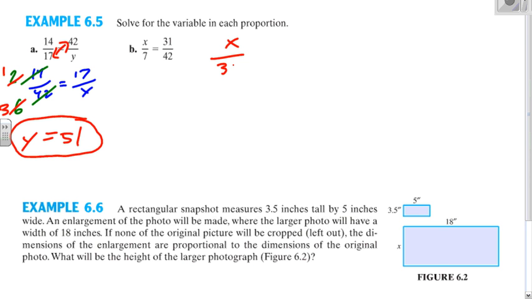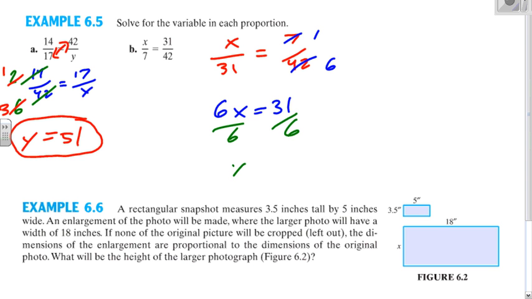So that would become x over 31 equals 7 over 42. 7 will go into both of those, so we get 1 over 6. So when we cross multiply, we get 6x equals 31. Divide both sides by 6. And I would just leave it as the fraction 31 over 6.